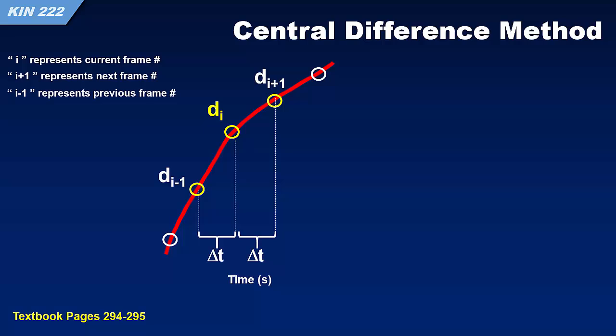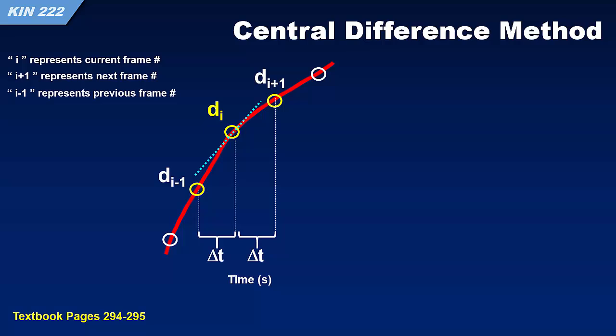On that representation, we also have the delta t, in other words the time between those frames. We've got those three frames highlighted in yellow and the delta t between each one of those frames. What we're really interested in is finding the velocity at frame i, in other words finding the instantaneous slope at that point.